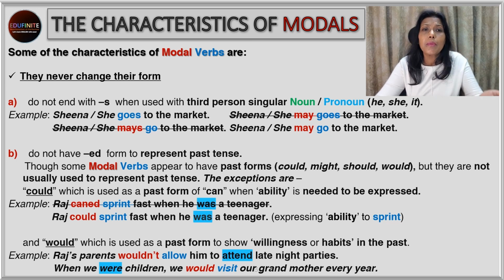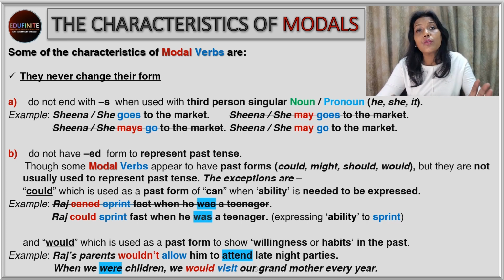Maybe she lived in a remote village. So every year when our classes were over, during those holidays, we used to pay a visit to our grandma. So that's how sentences are written with would and could modal verbs when we refer to the past tense.